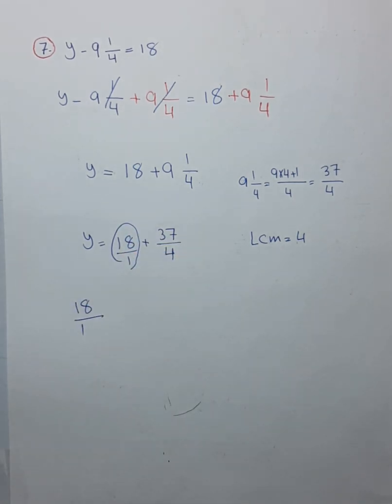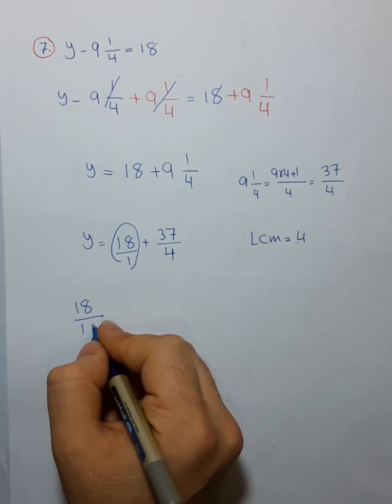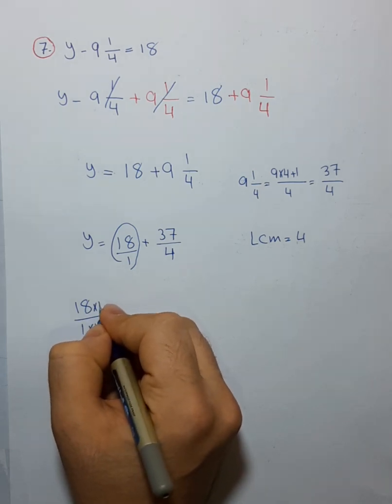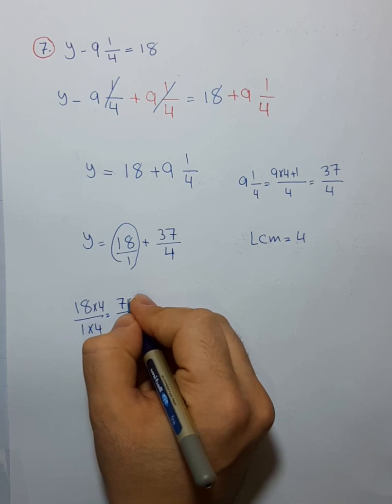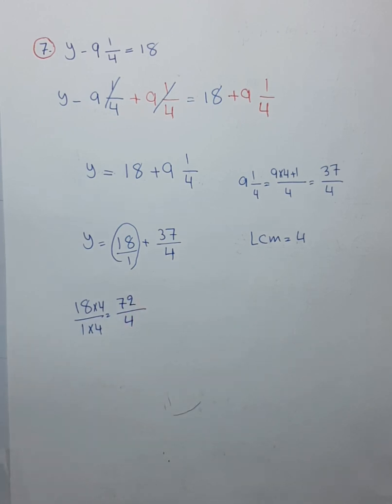18 out of 1. 1 times what number equal to 4? 1 times 4. 18 times 4 equal to 72. 4 times 1 equal to 4.